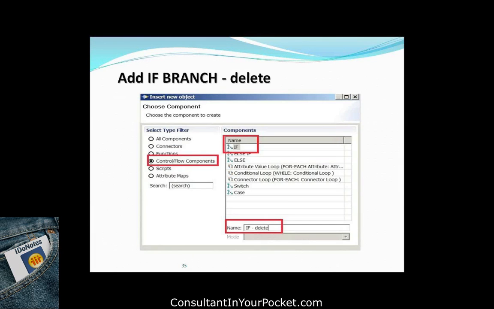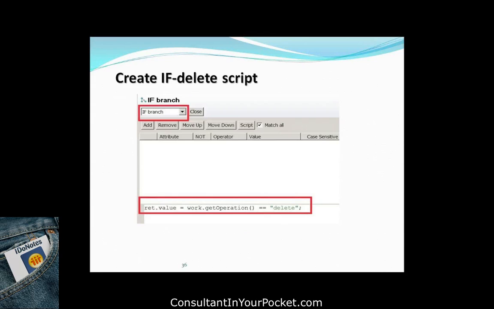Okay, the next thing we're going to do is create a branch. Now this is one really useful feature in TDI. We're going to create an if flow component, and we're going to give it a name of if delete. On our branch, we can put scripts.